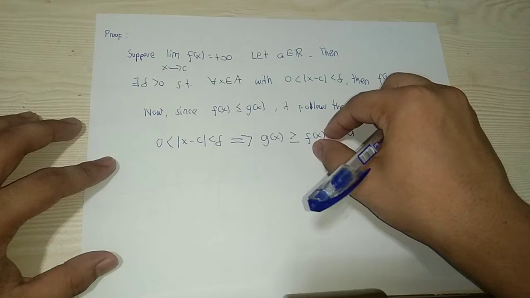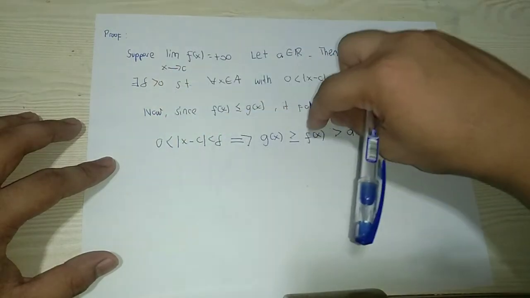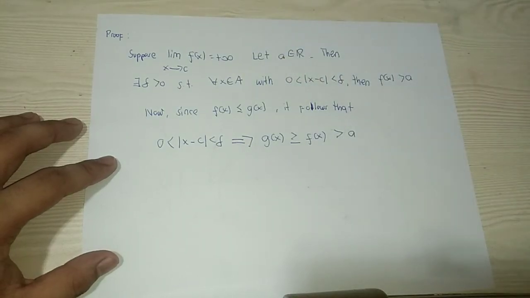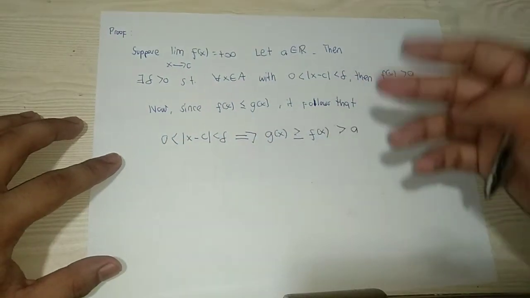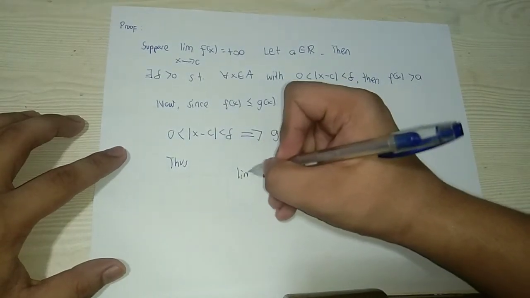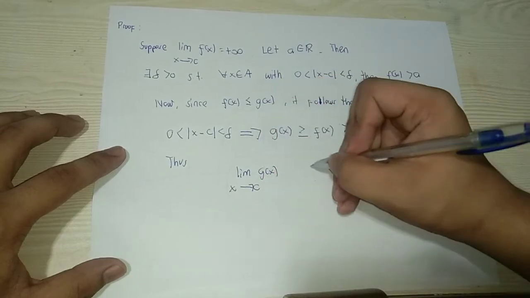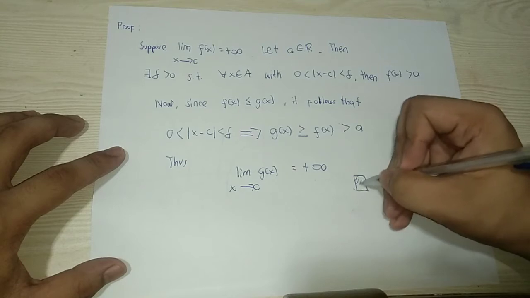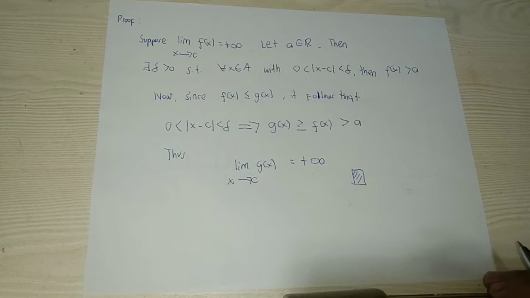Kung yung f of x na mas maliit, greater than A, then ganun din si g of x. With this condition, kasi yung f of x na to ay galing dito sa condition na to. And this is the definition of limit, infinite limit. So therefore, limit g of x as x approaches C equals positive infinity. Okay, so this is done for number 1.